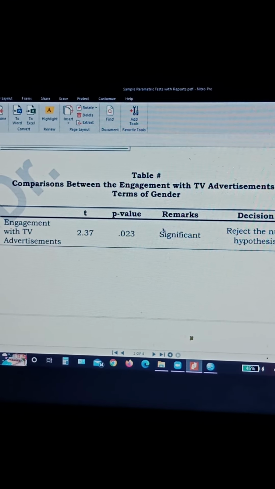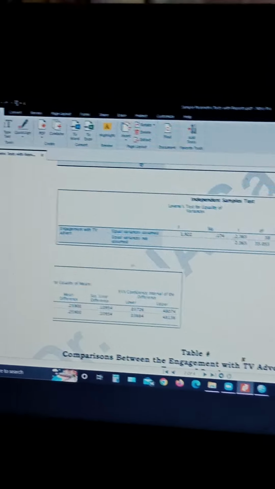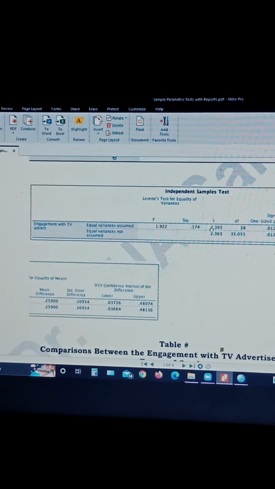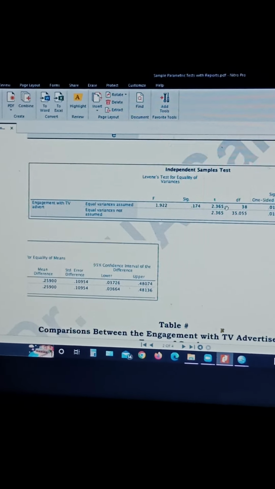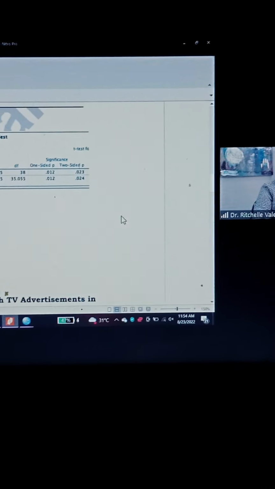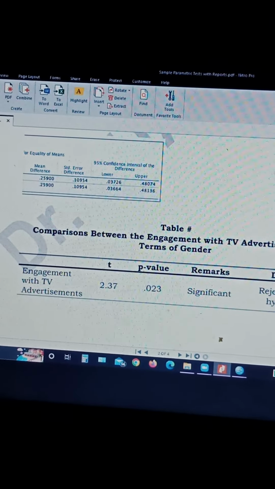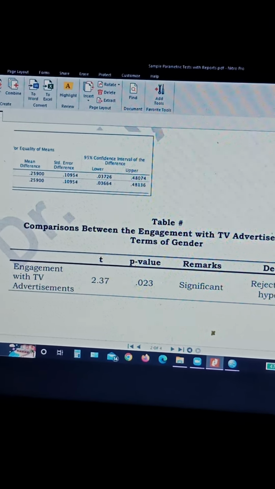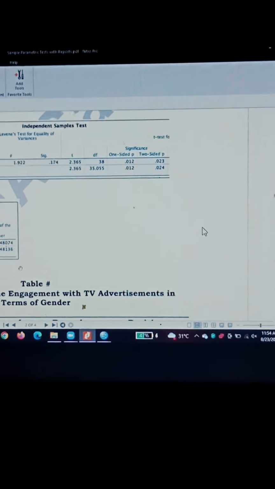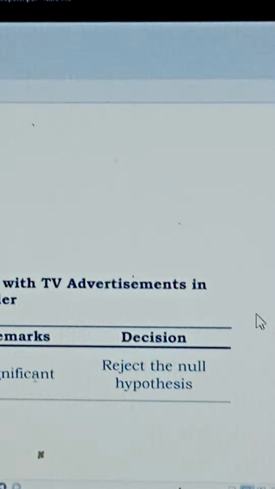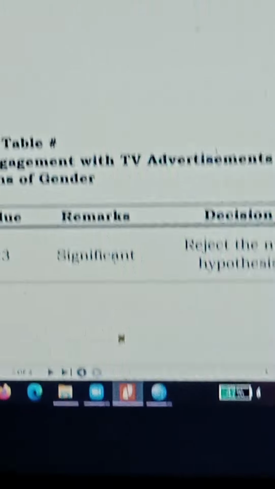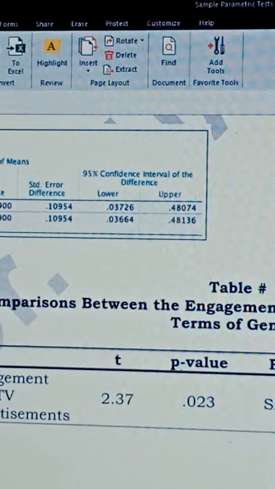We got that from 2.365. We round it up, so it becomes 2.37 here. The p-value is right here, 0.023. That's why you see 0.023. Significant, because the value is less than 0.05. And then the decision is to reject the null hypothesis.